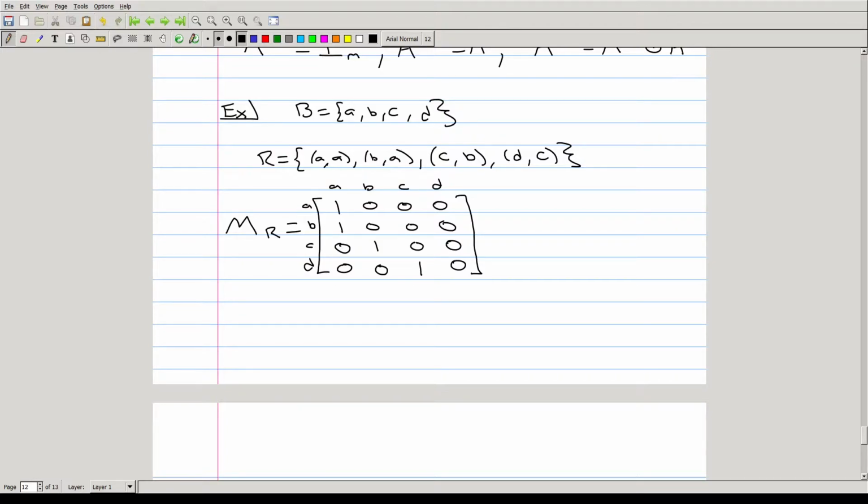We have a 0 in C, comma A, or the row 3, column 1, because C, comma A is not in this relation, and so on and so forth, for each entry in this matrix. But this matrix MR represents this relation.